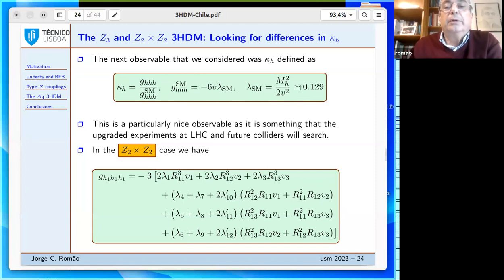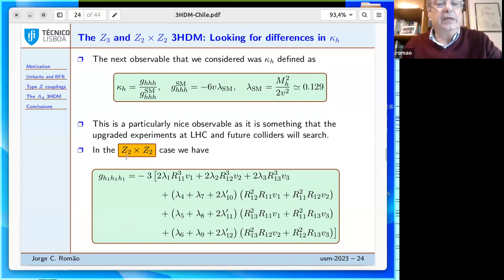The lambda in the standard model is also known once you know the mass of the W, the VEV, and the mass of the Higgs. And this is a particularly nice observable because it's something that the upgraded experiments at the LHC and future colliders will search. So if you can look at this expression and find some difference, that will be something to look at in the future at the LHC.